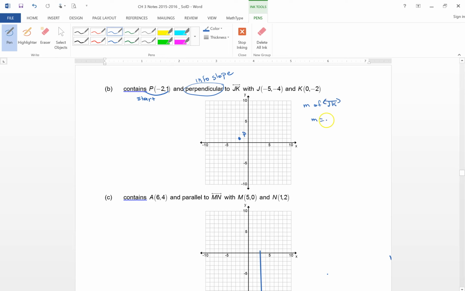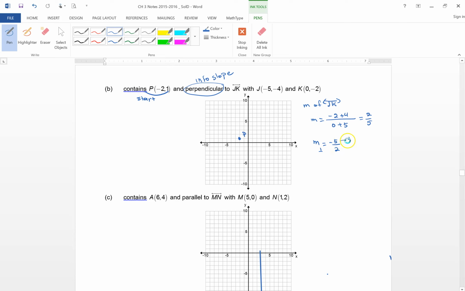is -2 plus 4 over 0 plus 5. This is 2 over 5. The line I want is perpendicular to this. So the slope of the perpendicular line is -5 over 2. That's my slope. Okay?